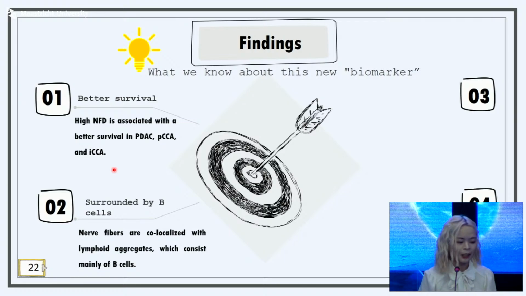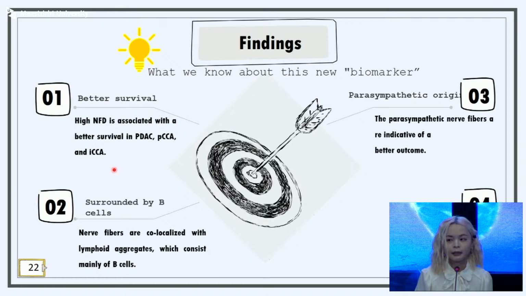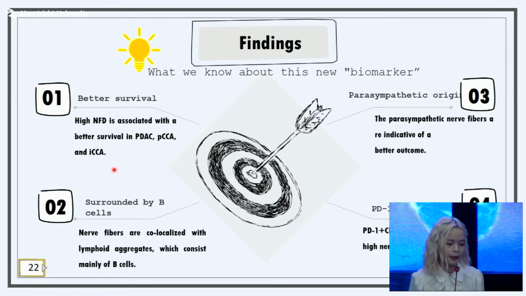Nerve fibers are co-localized with lymphoid aggregates, which consist of malign B cells. 3. The parasympathetic nerve fibers are indicative of better survival. 4. PD-1 CD8 cells are associated with the high nerve fiber density in PCCA patients.